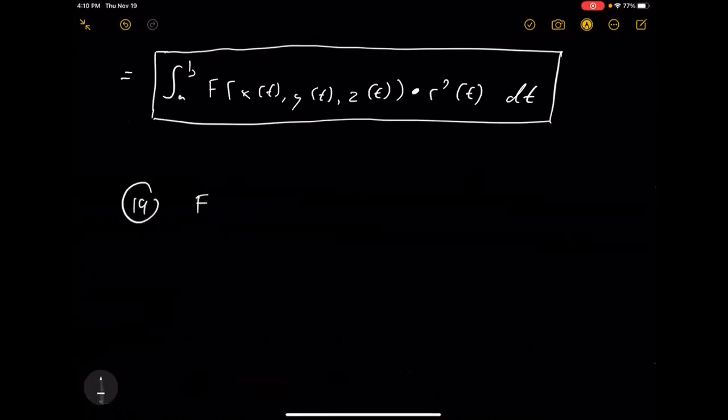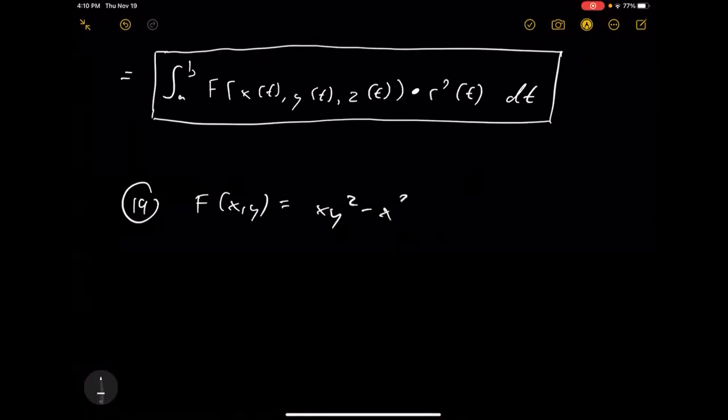We're told to integrate, and now it's a two-dimensional vector field, R2 to R2. The vector field is written like this: xy squared i minus x squared j, using that ijk notation.